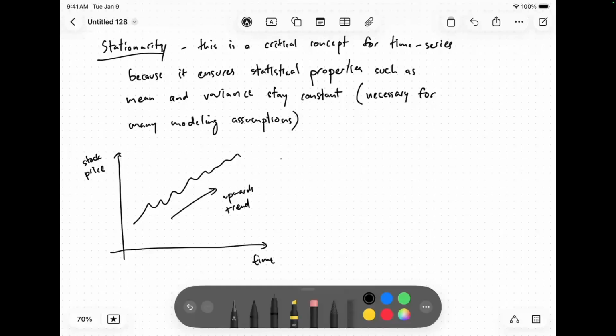And so in this case, the model may predict continuously increasing prices even when conditions differ.